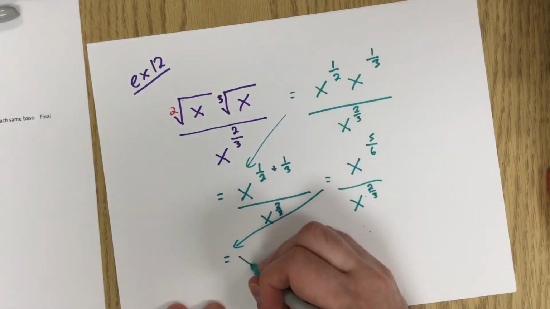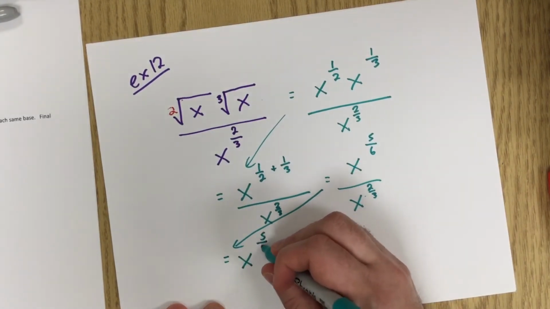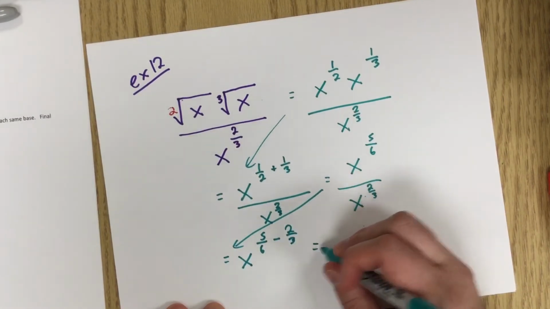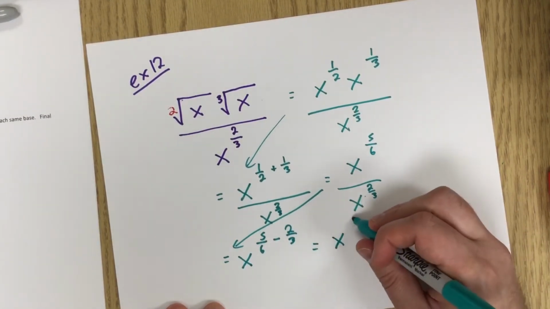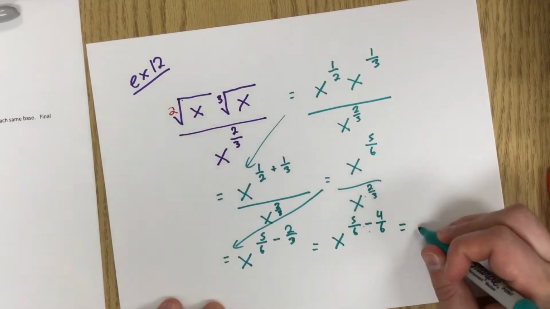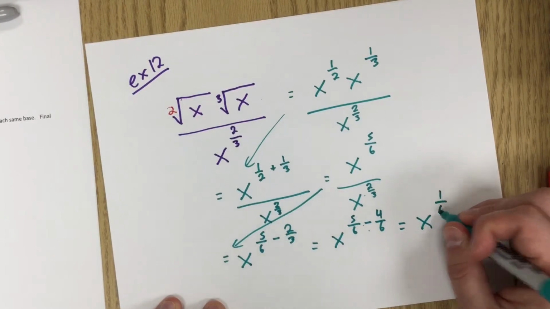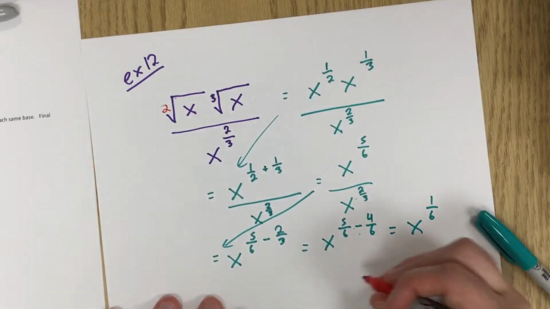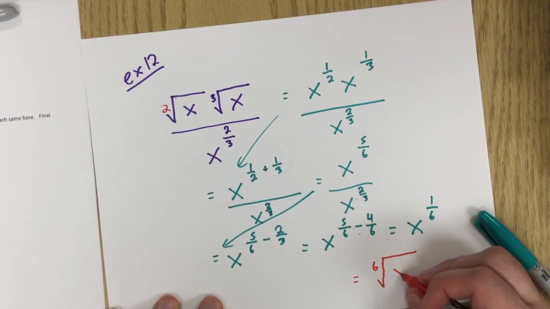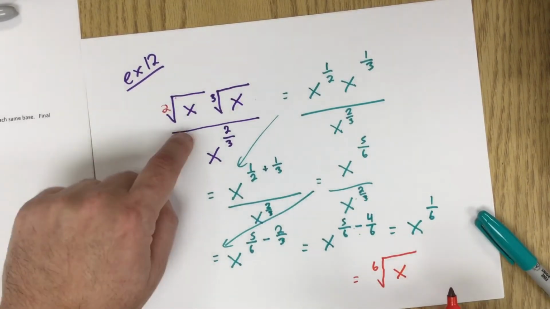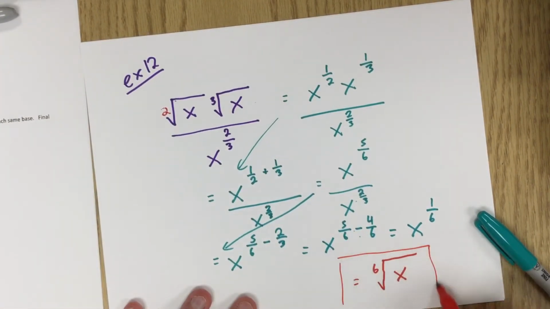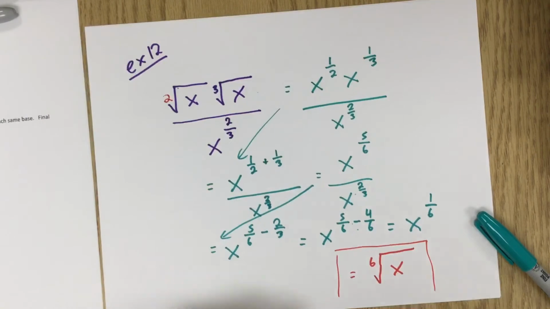So that's going to give us x to the 5/6 minus 2/3, which is x to the 5/6 minus 4/6, which is x to the 1/6, which we are going to write as the 6th root of x. So root x times the cube root of x divided by x to the 2/3 is the 6th root of x.